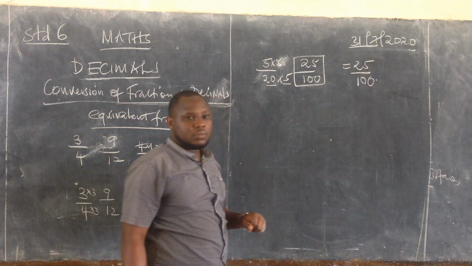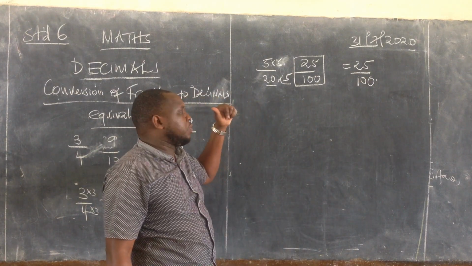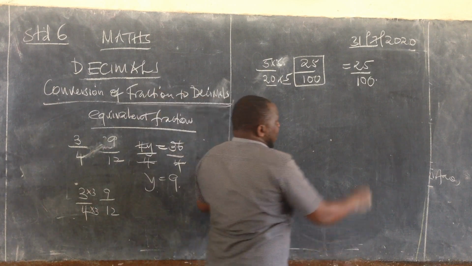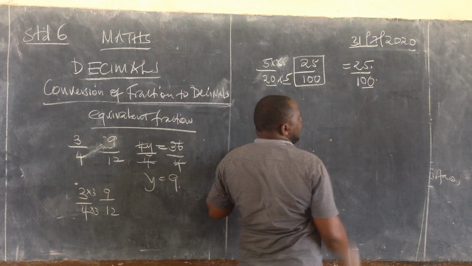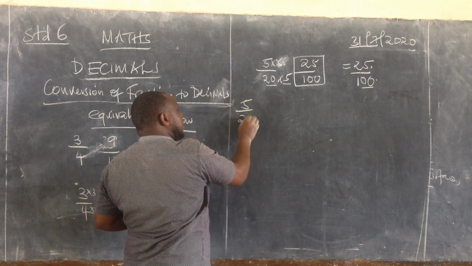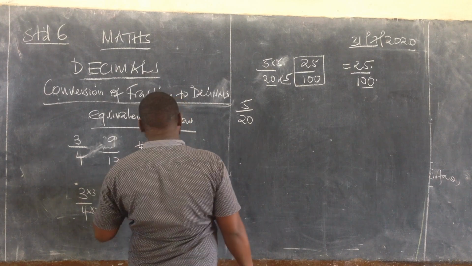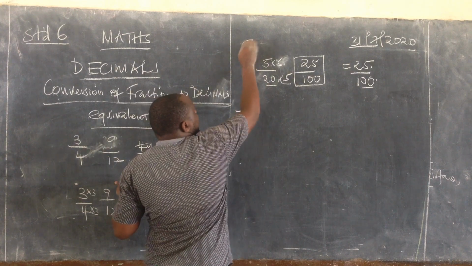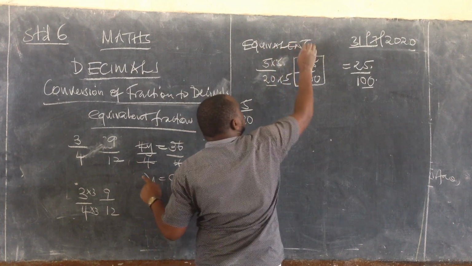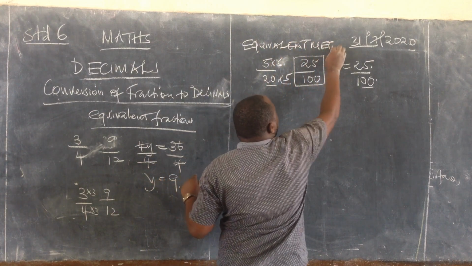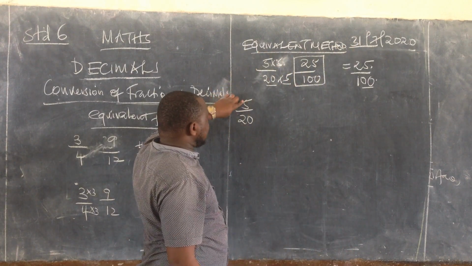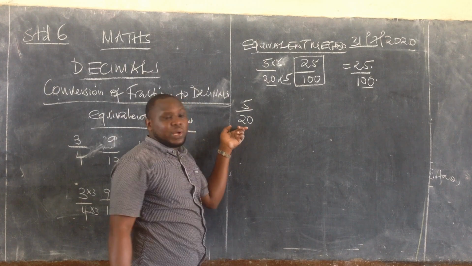From there, remember what I taught you when you were beginning this chapter? From there, you divide. We want to convert 5 over 20 into a decimal by number 1, using the equivalent method. You have two methods you are going to use. Number 1 is the equivalent method, whereby 5 over 20 can be written by looking at the denominator.